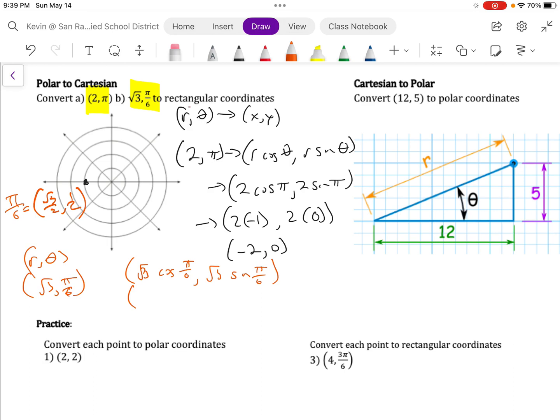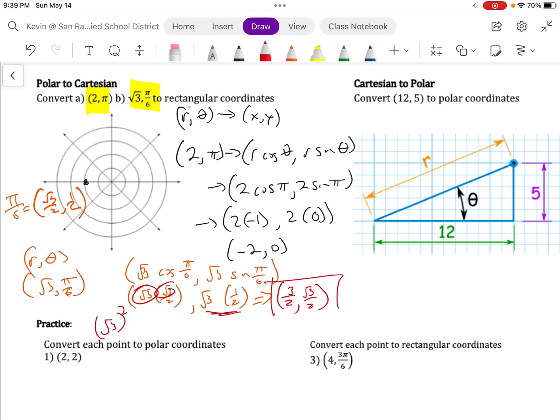So we have √3 times √3 over 2, because that's what cosine pi over 6 is, and then √3 times 1/2. If we take √3 times √3, that's √3 squared, which means we basically just have 3 over 2. And then I'm going to have √3 over 2 when I multiply these two together. There's my answer.